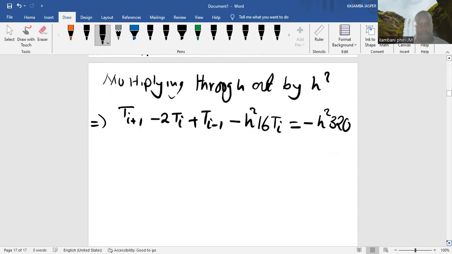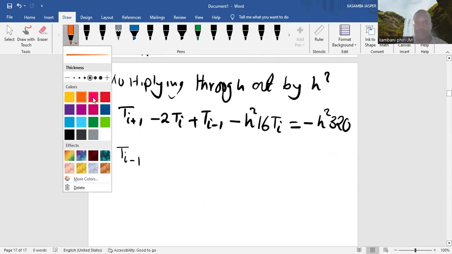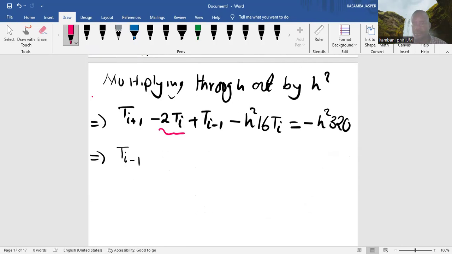Okay, so I can start with the ti minus 1. So I have ti minus 1 because I'll move from 1 up to 4 in terms of equations. So you have maybe t1, t2, so on and so forth. So it's better to start with t1, ti minus 1. Then you can put this and this one together.